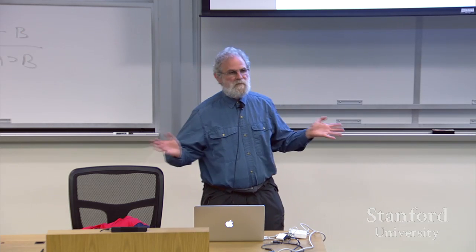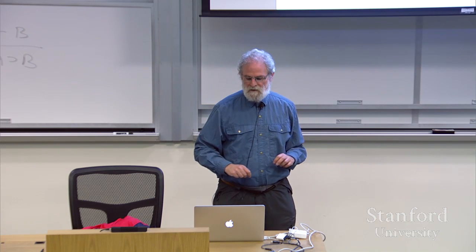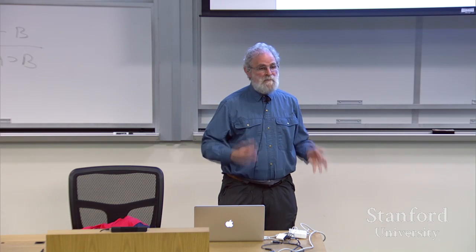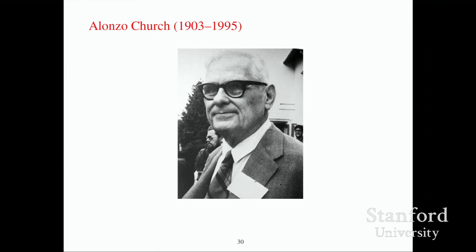Okay. So that was what Gentzen did. And at around the same time, as I mentioned, Church introduced lambda calculus. Now, he didn't actually first come up with lambda calculus as a way of describing algorithms. He came up with it as a macro language for logic.